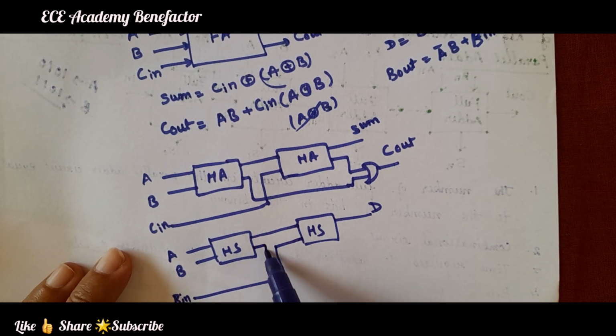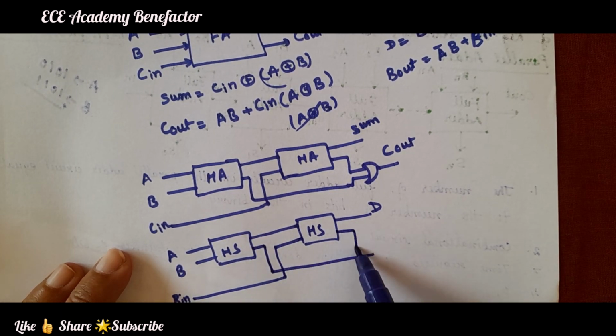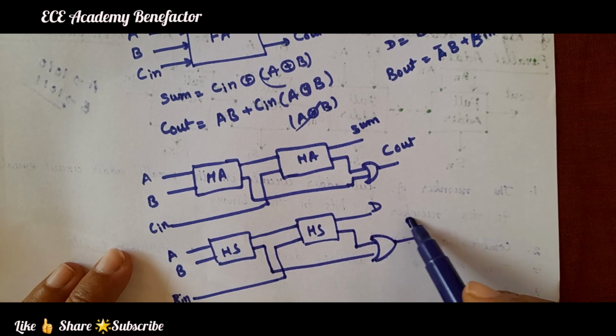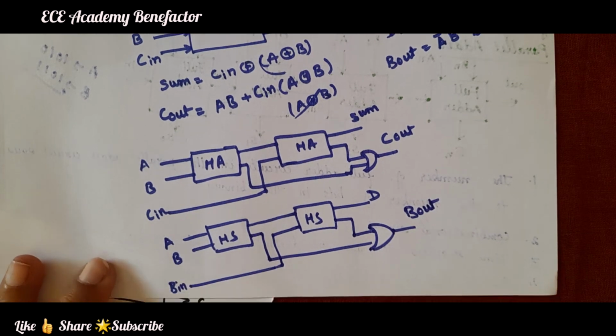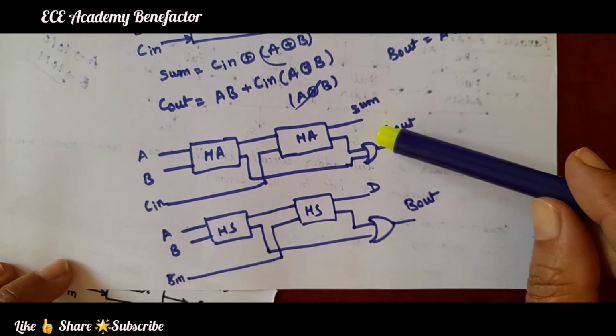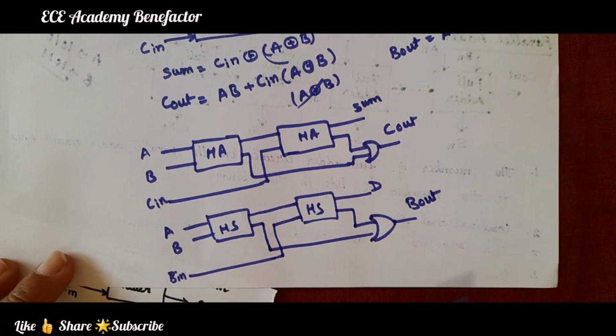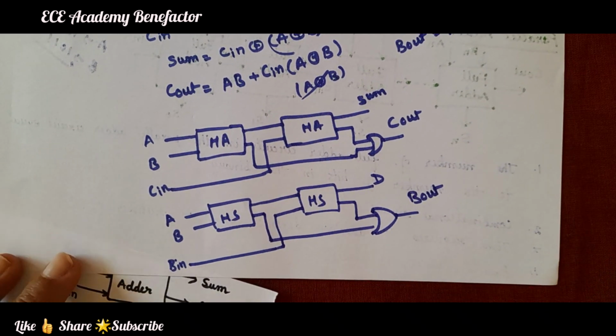Now, the borrow out of the first one and the borrow out of the second half subtractor are ORed to get the borrow out. So, this is how we can draw a full adder and full subtractor using two half adders and two half subtractors.